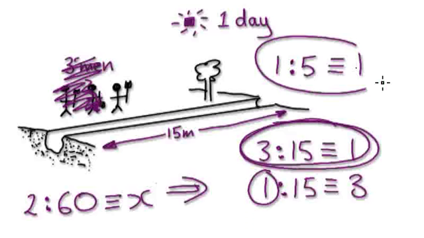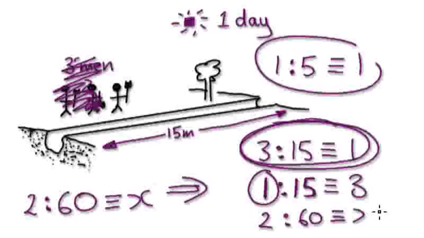Or, one person can dig 15 meters in 3 days. You just got to use reasoning. But your aim is to get it so that it's 2 and 60, because we want to know 60 meters in how much time. We are trying to find out time.